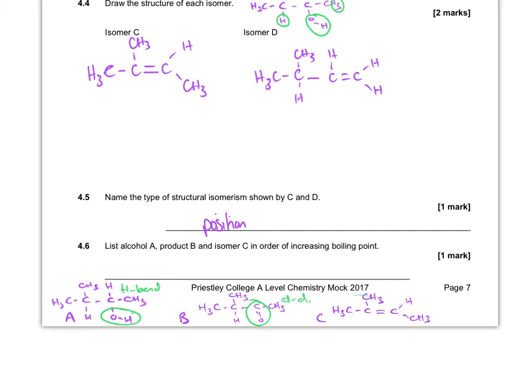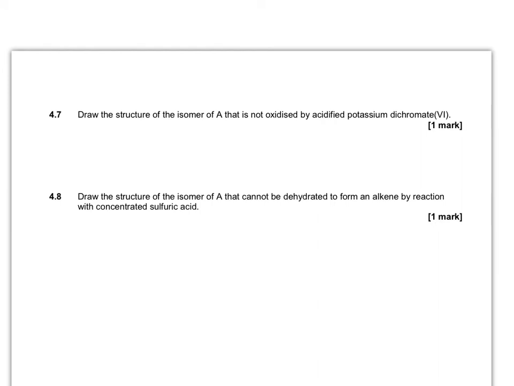Whereas this is just an alkene, so we're going to be looking at van der Waals. We're listing them in increasing boiling point, so the lowest boiling point is going to be the weakest force, which is the van der Waals in C. Next it's going to be the dipole-dipole, and the strongest, which would have the highest boiling point, would be A with the hydrogen bonding.